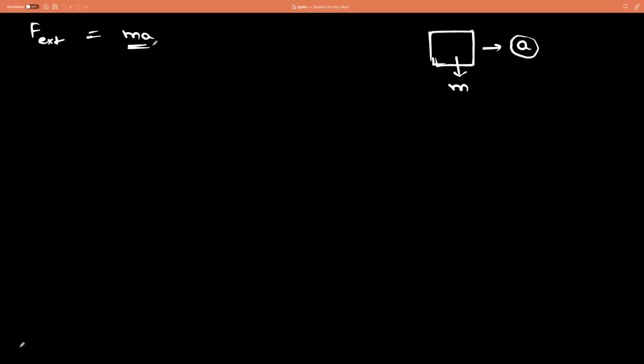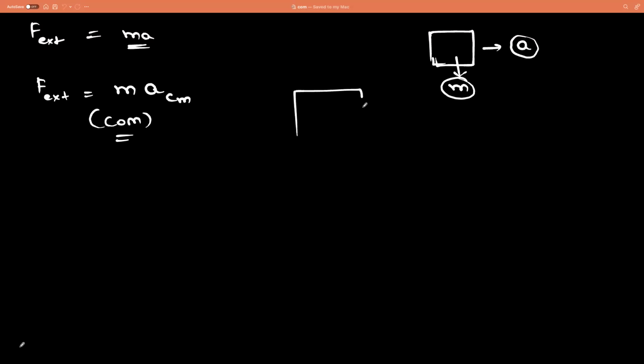But we know that m is the mass of the object where it is said to be concentrated at a particular point. So to be very specific, I will write the external force acting on this object as the mass of this object, which is concentrated at its center of mass, times this acceleration, which is actually called the acceleration of center of mass. Why is it called like that?